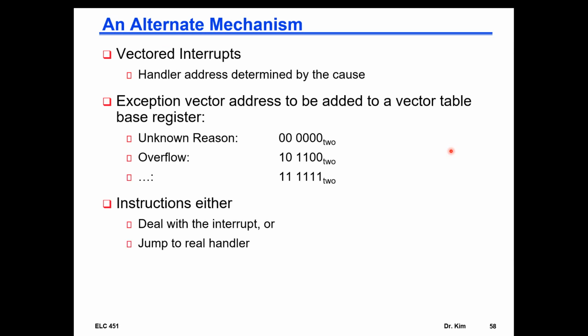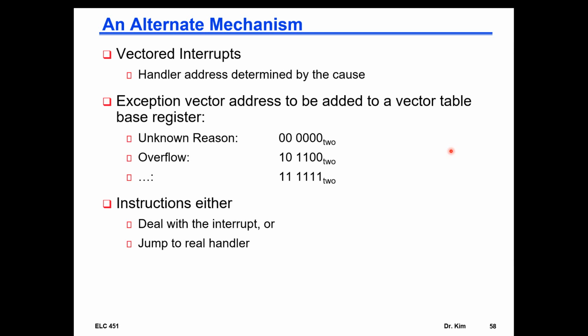Another mechanism is to have what are called vectored interrupts, where there is a handler that is predefined. This is actual software that is predefined that handles the interrupt, and this handler is determined by the cause.